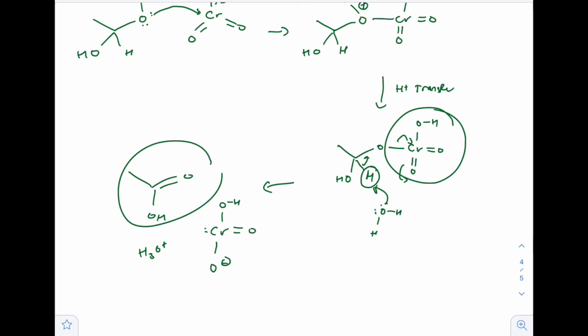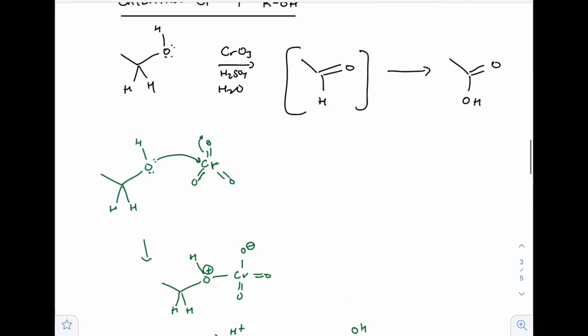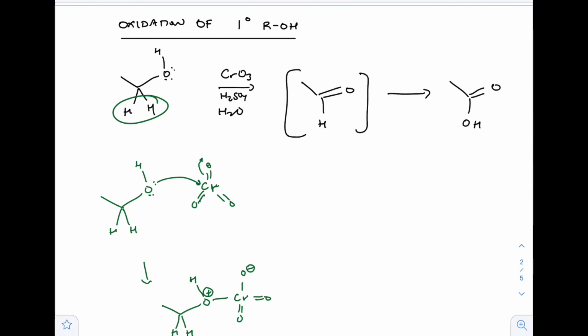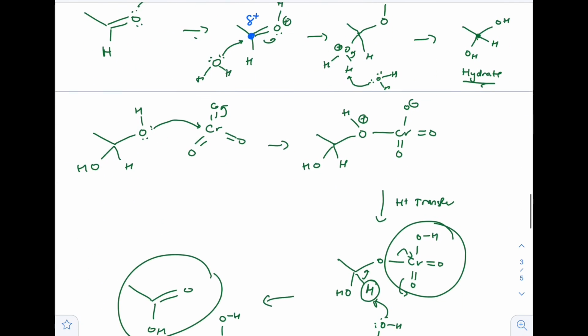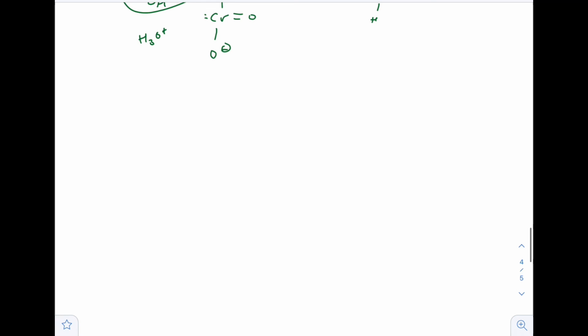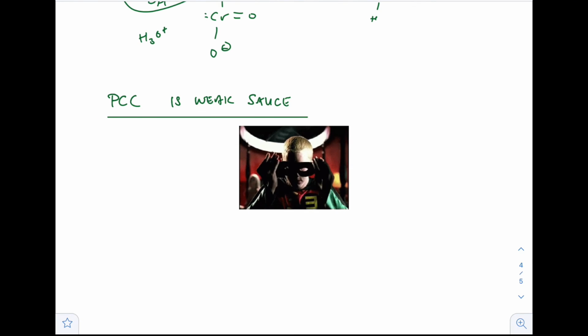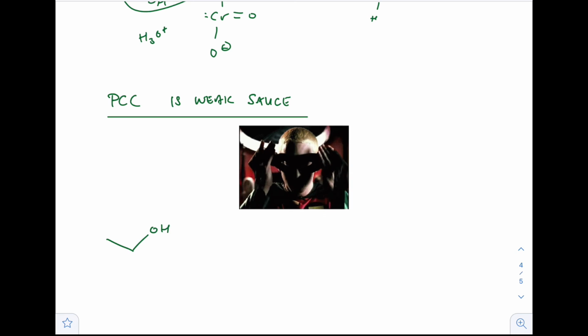When you have a primary alcohol with the harsh reagents, CrO3, potassium dichromate, sodium dichromate, whatever, with sulfuric acid, strong, you're going to completely oxidize to the carboxylic acid. Okay, but PCC is weak sauce.